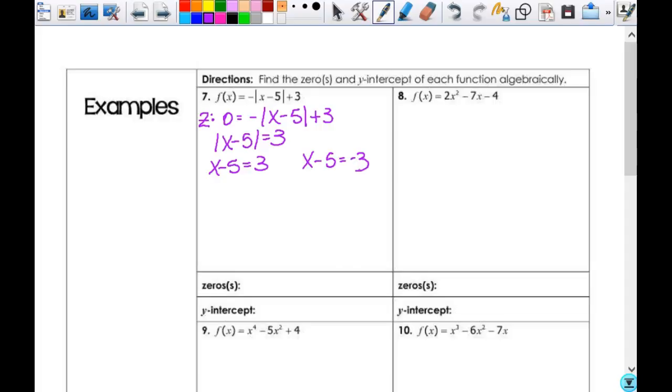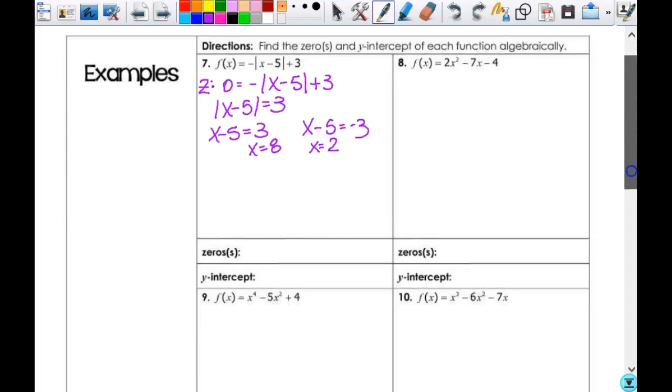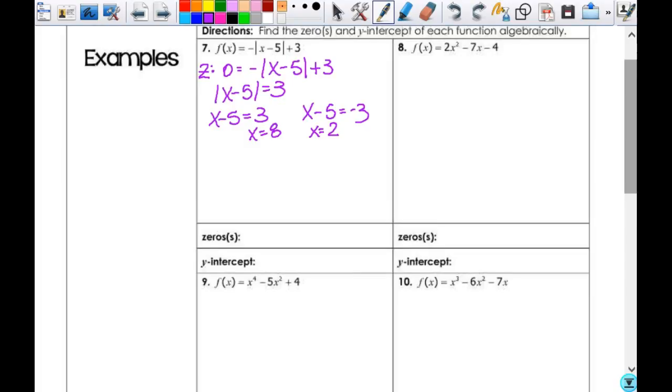I see what you're saying. And there's nothing wrong with that. It equals negative 3. Basically, I just put the negative on the other side. All right, so then that means that I get x equals 8 and x equals 2. So then when I come to actually write my answer for my zeros, I'm not writing ordered pairs. I'm not writing x equals. It is a set of values that I have, and it's 2, 8.